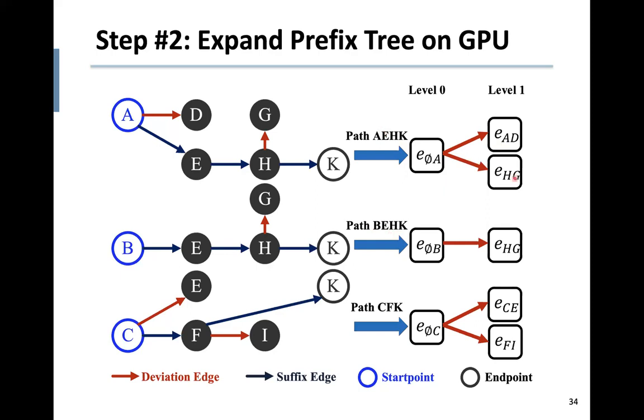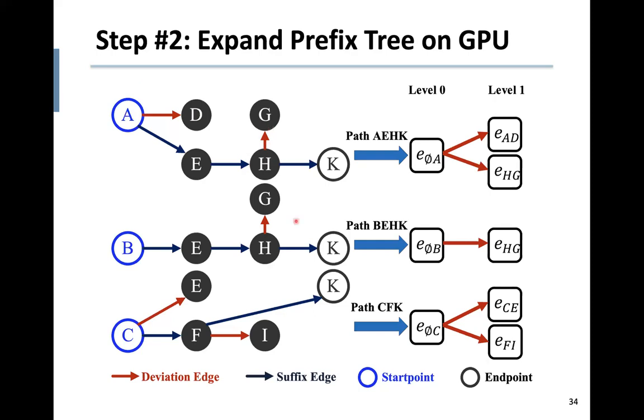On GPU, we start expanding paths from the critical paths we got from the previous iteration. In this case, for example, when I look at this path AEHK, there are 2 possible deviations: taking the detour from A to D, or the deviation from H to G. And each deviation represents a particular path expanded from this critical path.